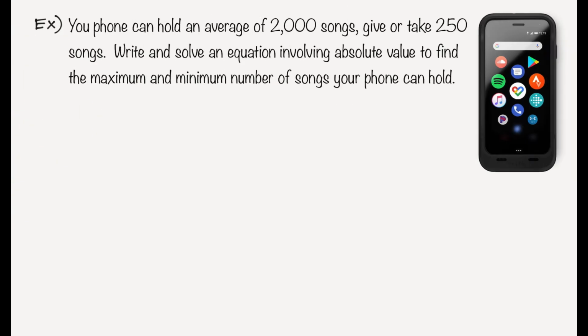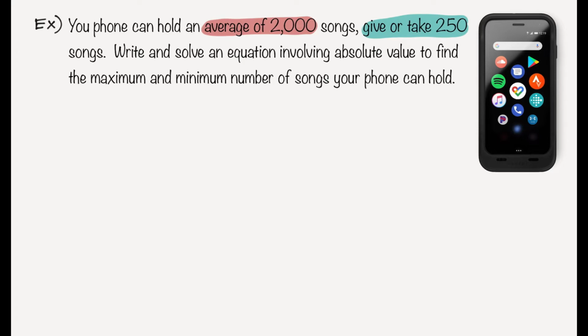Moving on to a word problem now, it says that your phone can hold an average of 2,000 songs, give or take 250 songs. Write and solve an equation involving absolute value to find the maximum and minimum number of songs that your phone can hold.